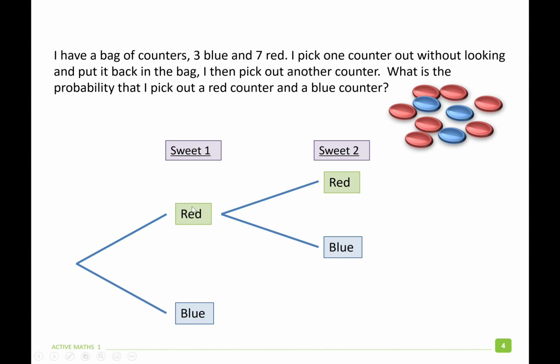If I choose a red counter, for my second outcome, I have two possible outcomes: red or blue again. If I choose a blue counter, for my second counter, I have two outcomes. I can choose a red or a blue.